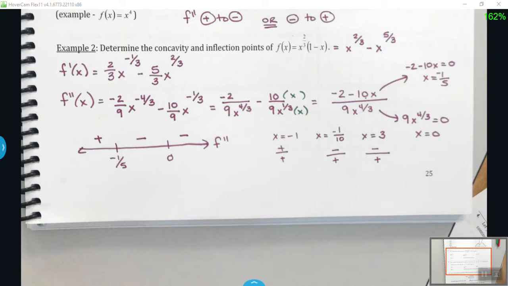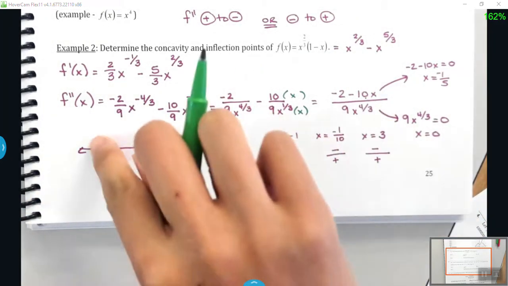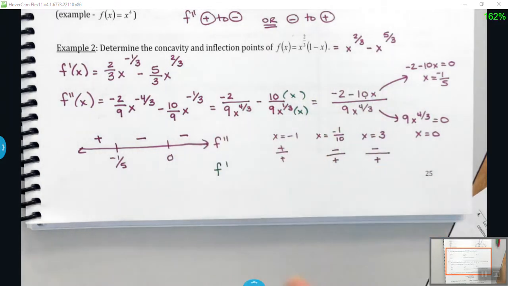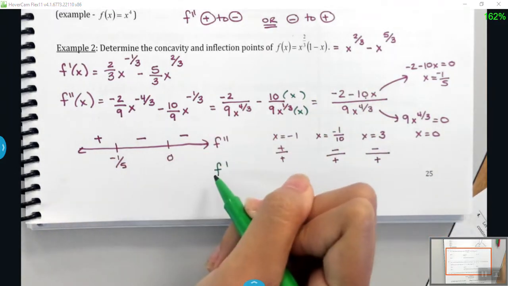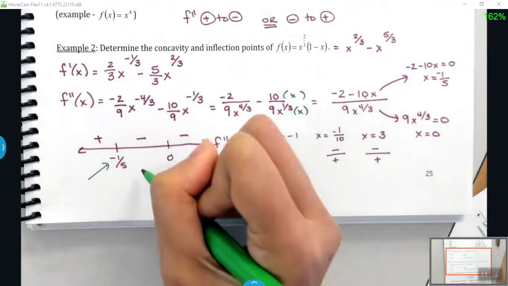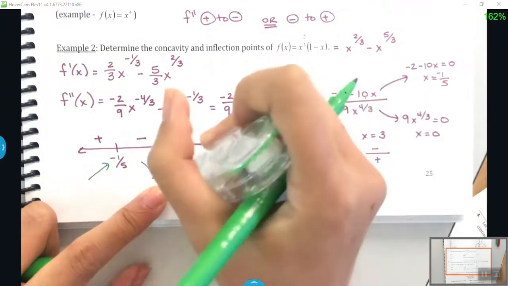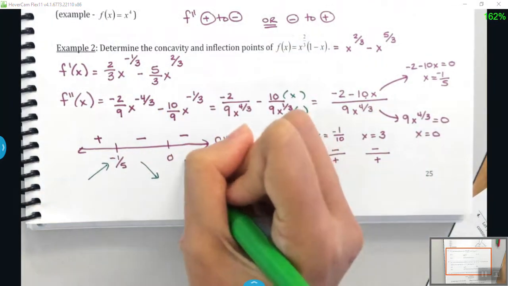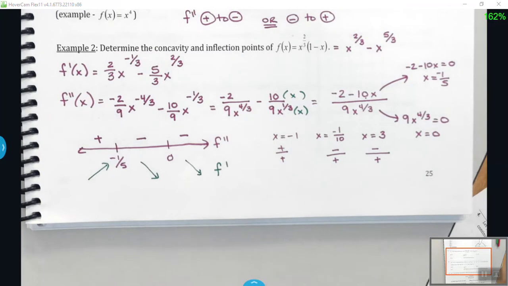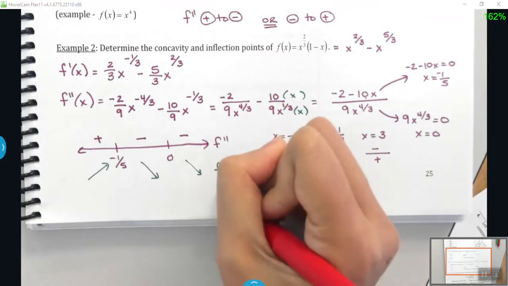Now, let's go to f prime. If f double prime is positive, negative, negative, then what's f prime doing? Increasing, decreasing, decreasing. Okay. And then what's f doing?